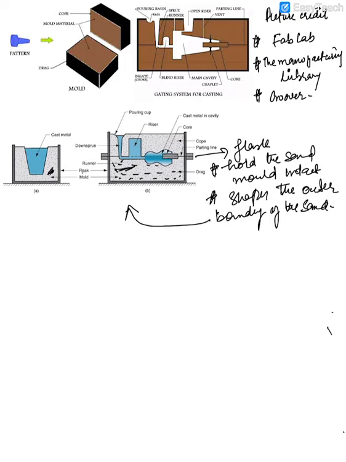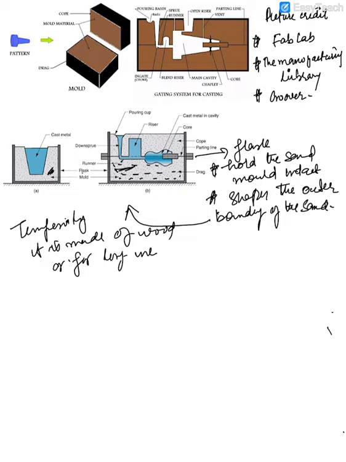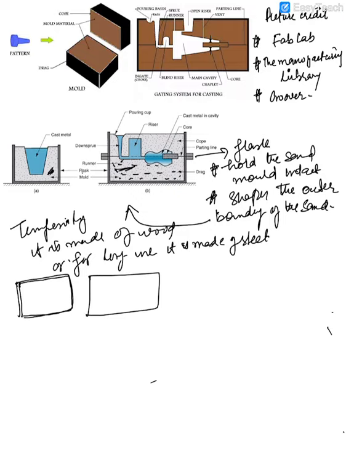It is made of wood for temporary application, or more generally of metal, such as steel, for long-term use. Mostly it has a rectangular shape. This is a top view with thinner thickness, and this is the front view of the flask.